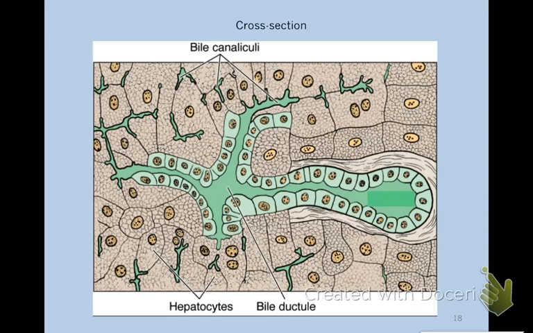Here we can see a cross-sectional view, and we can see the hepatocytes exporting their bile into these canaliculi, which will flow into the ductules. You can also note these distinctive, very vascularized cuboidal epithelium.